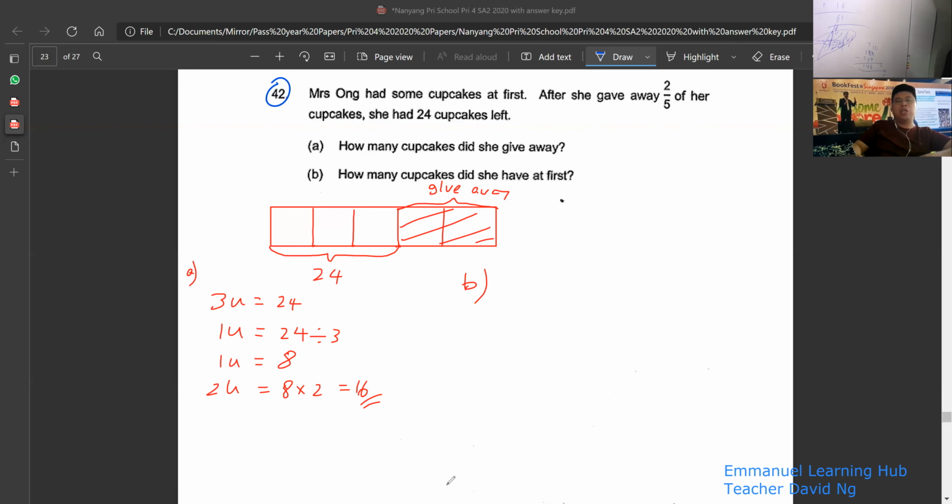Okay, she gave away 16. How many cupcakes did she have at first? So how many units do you need to find? You tell me how to find. 24 plus 16. Okay, you want to use 24 plus 16 also can.